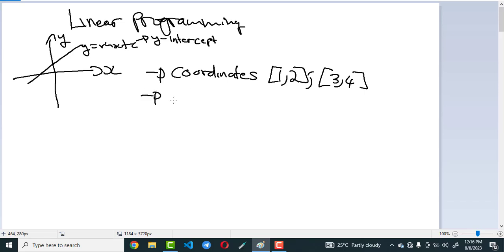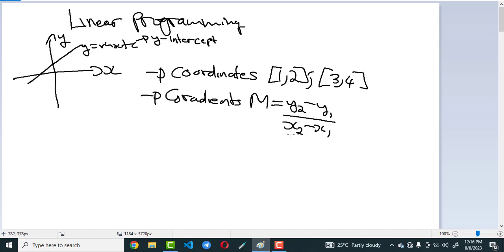Once we have coordinates, we are able to find the gradient, which is denoted by m, where m equals y2 minus y1 all over x2 minus x1.